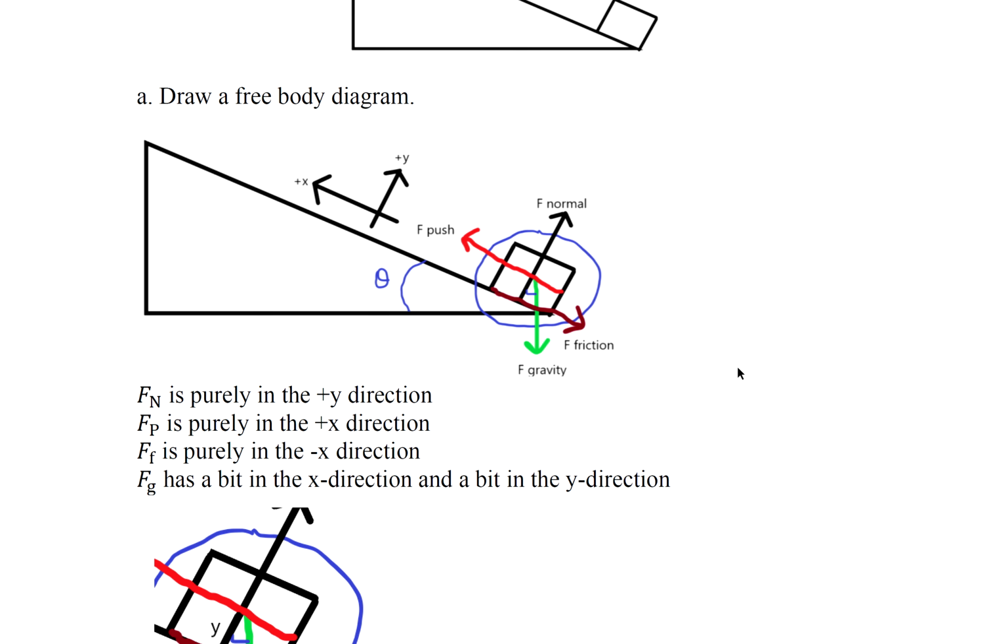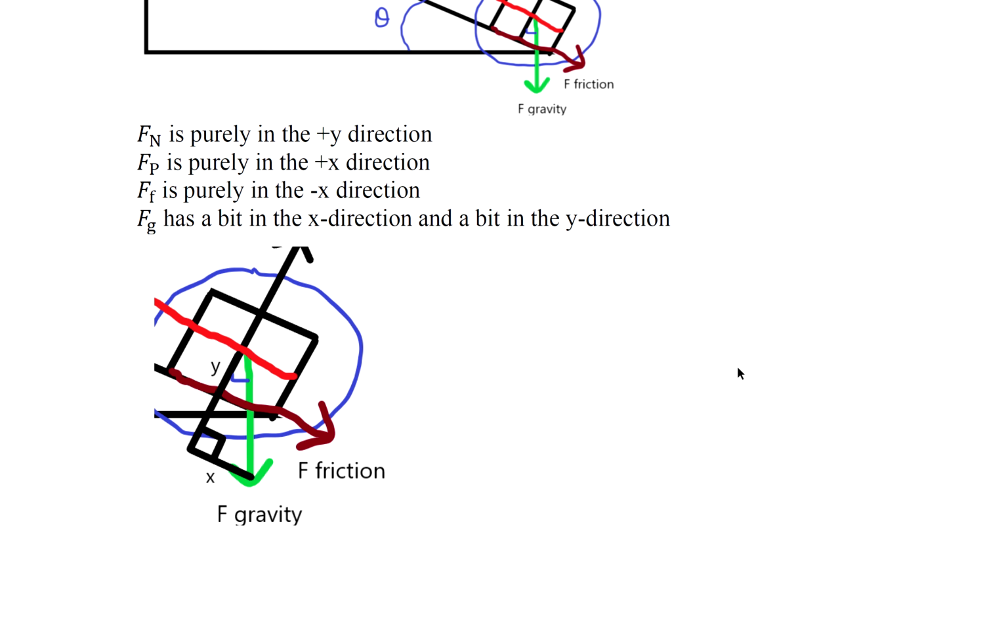Force of push is purely in the positive x direction. Force of friction is purely in the minus x direction. And force of gravity is a bit in the x direction and a bit in the y direction. You can see there's this right triangle here making up the force of gravity.